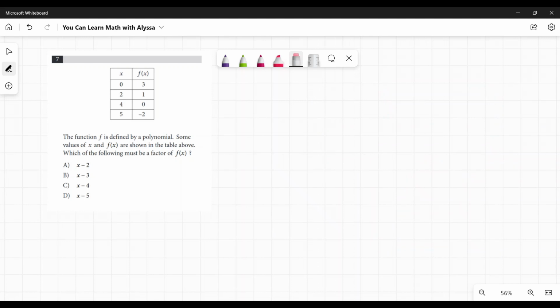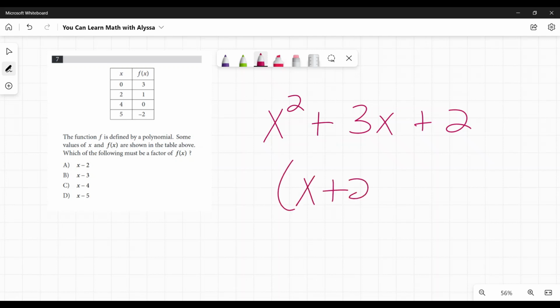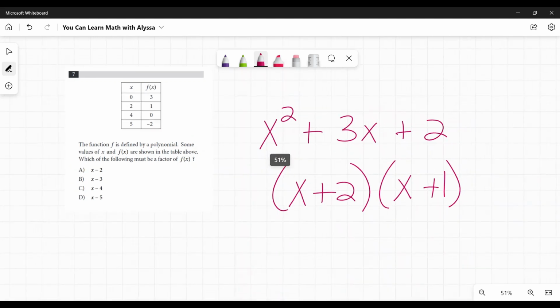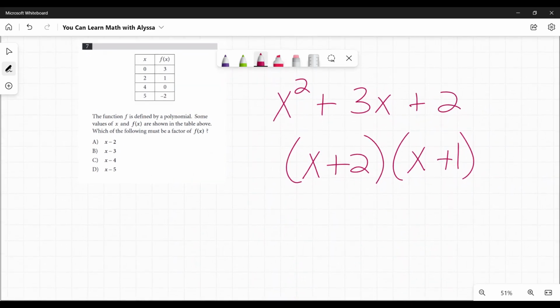Now, when you have a factor of a polynomial, like let's say it was the polynomial x squared plus 3x plus 2, and you factor that, you're going to get x plus 2 times x plus 1. Now, if you graph this polynomial, you're wanting to know where it crosses the x-axis, where its zeros are.